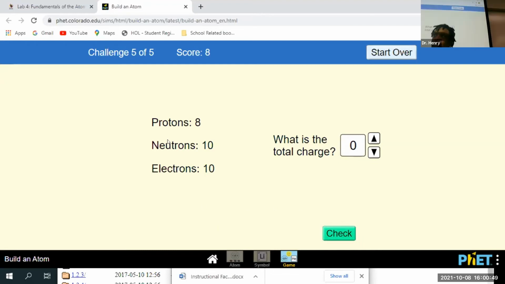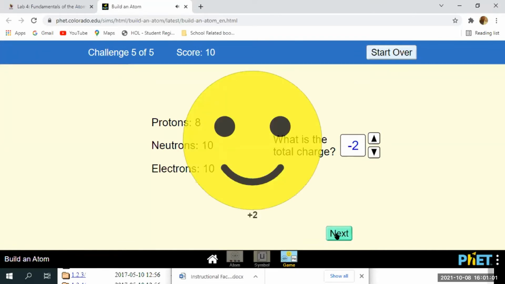And the last one for the goal. What is the total charge? -2? Simple.